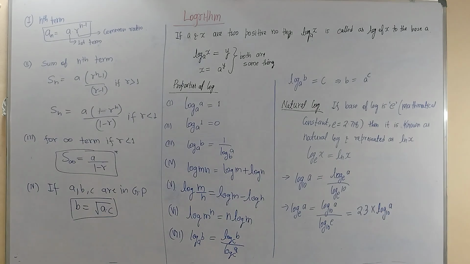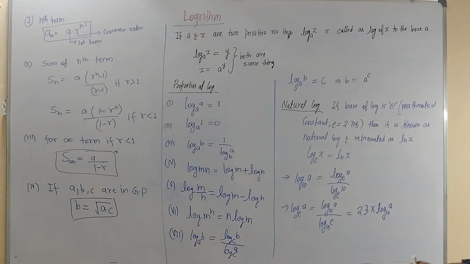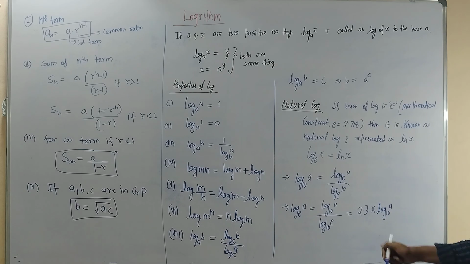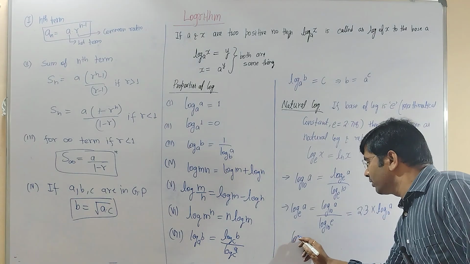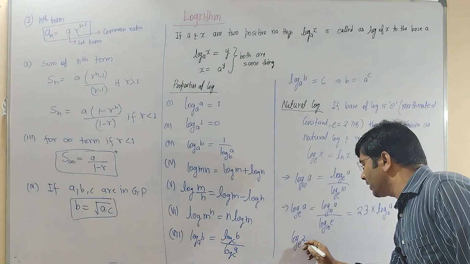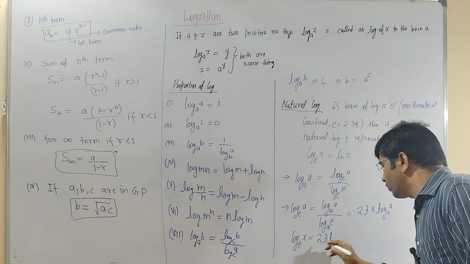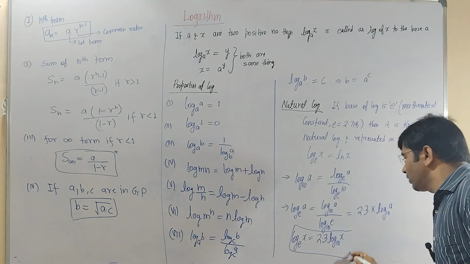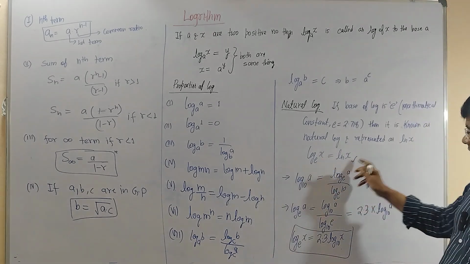So here the important formula is, if any number is with base e, we can convert it to base 10, but we have to multiply with 2.3. This is how we can convert. So we can make it a formula: log base e x equals 2.3 into log base 10 x. You will use this mostly.